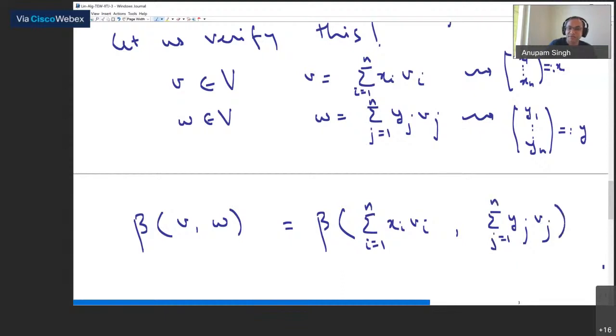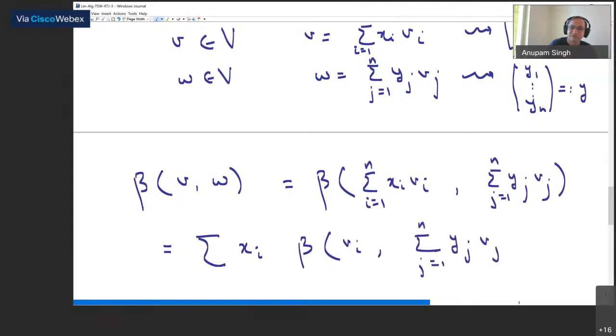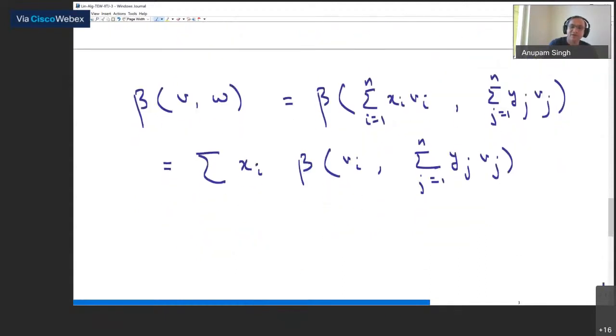Now I know beta is bilinear, so it is linear in both coordinates. So let's use the linearity in the first coordinate. These xi's are scalars, they will come out. So I'll take this out, xi, and I will get here beta of vi, comma, summation over j equal to 1 to n of yj vj. This is what I get. And now I will use linearity in the second coordinate here.